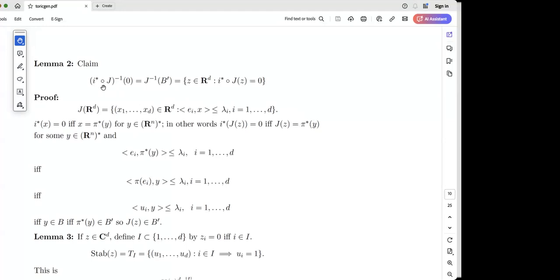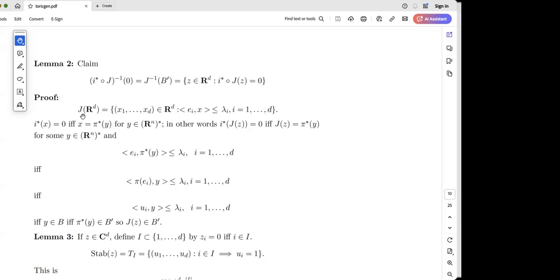So I claim that I star composed with J inverse of 0 is equal to J inverse of B prime, which is equal to the set of points in C^d where I star composed with J of z is equal to 0.